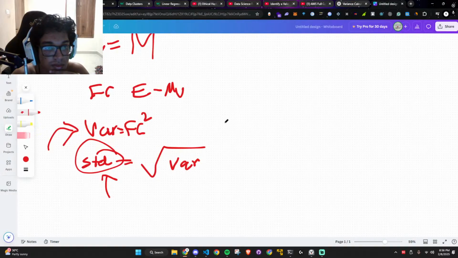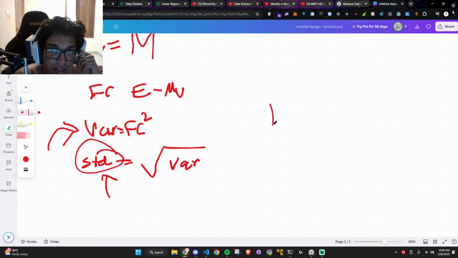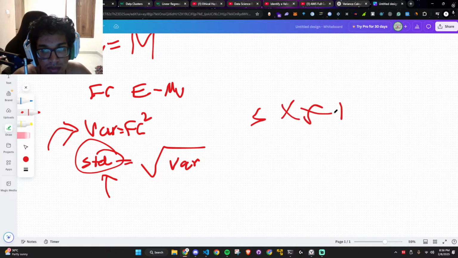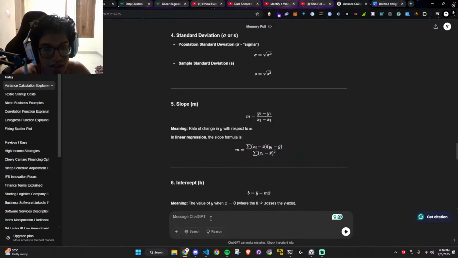So apparently you're supposed to use, I think, slope times x plus intercept, something like that. Let me try. Slope times x plus intercept.